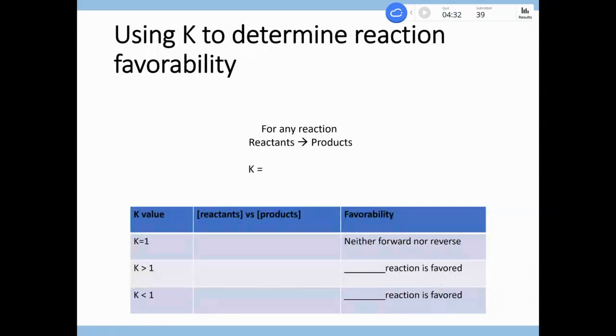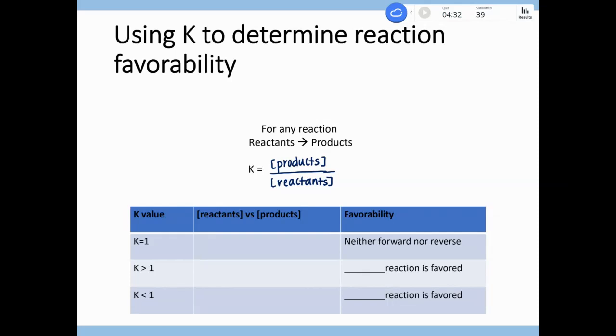For any reaction where we have reactants forming products, K is the concentration of products divided by the concentration of reactants. So we have three possible conditions. We can have the concentration of products equal to the concentration of reactants.